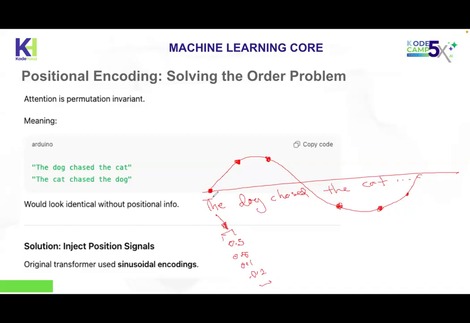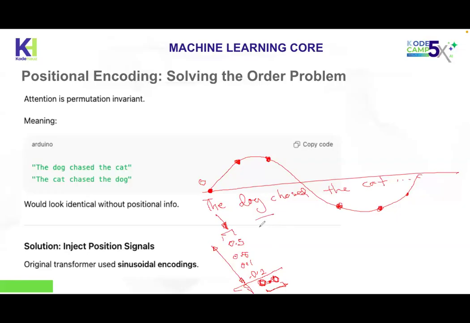I look at the position: it's in position 0, and the value of the sine wave is 0. So I'll concatenate it at the end, which is now 0.0. In this way, I have encoded the position into the embedding as well. The first part is the actual embedding, while the second part is the position encoding.